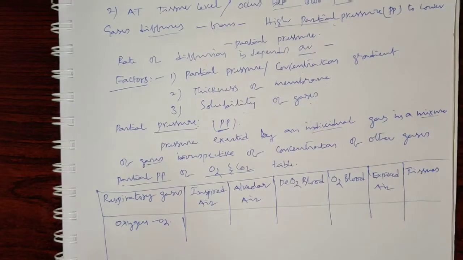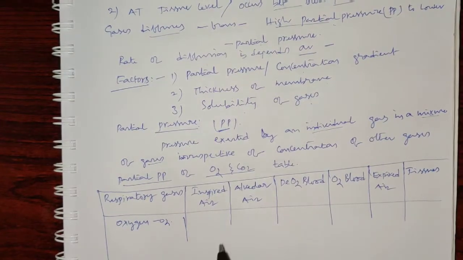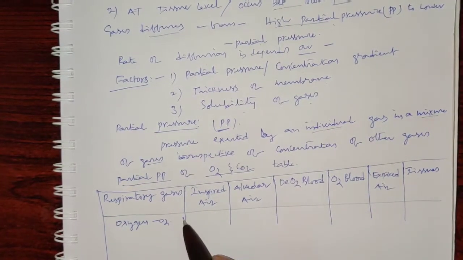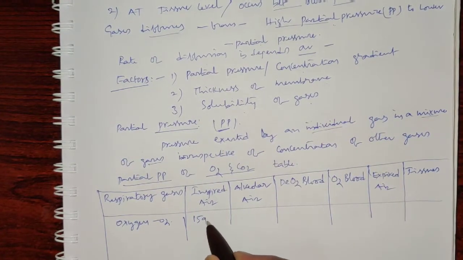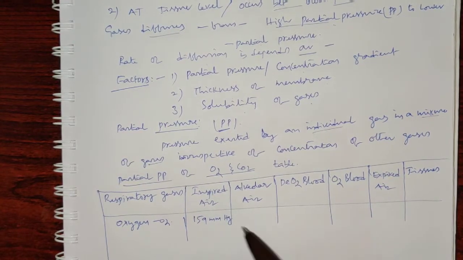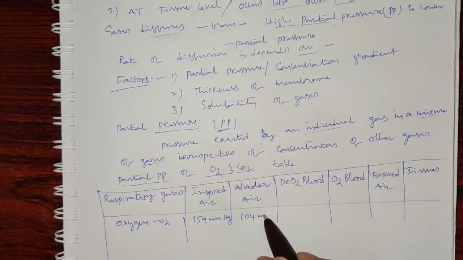So for the respiratory gas oxygen, in inspired air it is 159 mm of mercury. In alveolar air it is 104 mm of mercury.